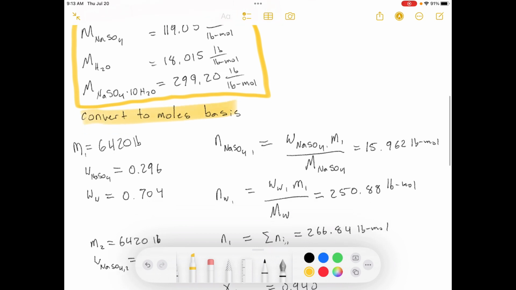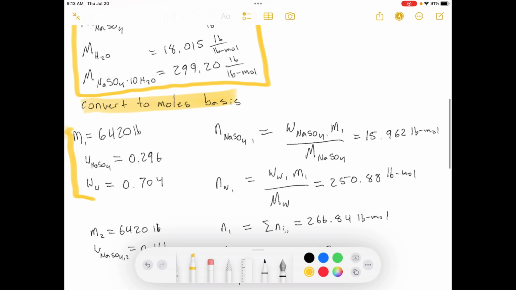So now we've got to convert everything to a moles basis. I took our information about stream 1 here, and I'm going to convert it into a moles basis now. I need to know how many moles of sodium sulfate there are in stream 1. This numerator represents the mass of sodium sulfate in stream 1, and I divide that by the molar mass, and then I get this in pounds moles.